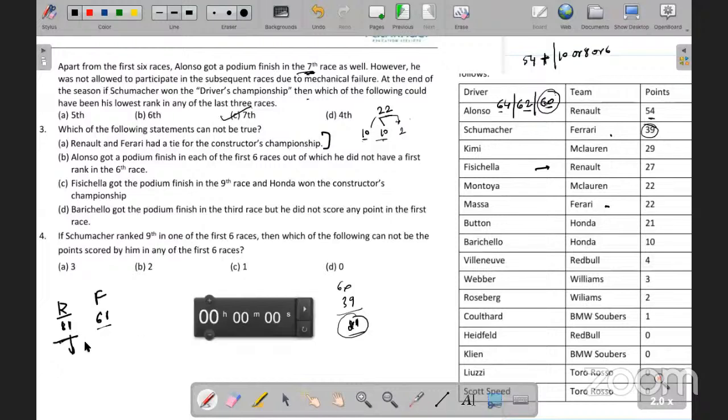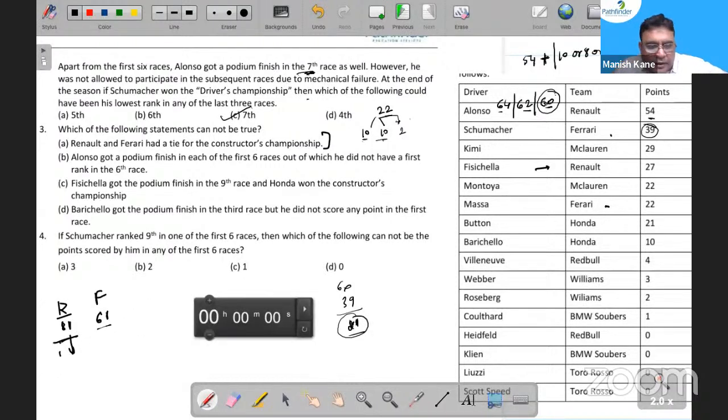See, please understand, anybody who has to have the maximum tally will have to have the first 2 positions. If you have to have the maximum tally, you need to have the first 2 positions in each of the 3 matches. So if Ferrari has the first 2 positions in each of the 3 matches, what do you get? 18 threes are 54 is what you get. 54 is the maximum that Ferrari can have from there.